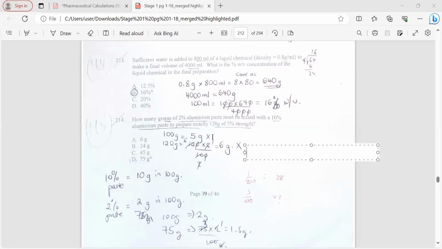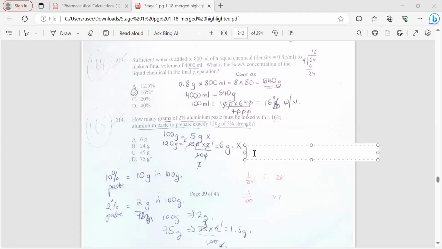So we want to know how many grams of 2% aluminium paste must be mixed with 10% aluminium paste to prepare precisely 120 grams of 5% strength.